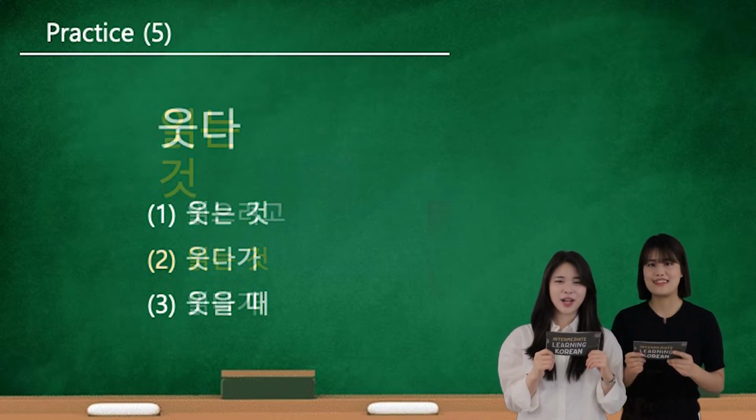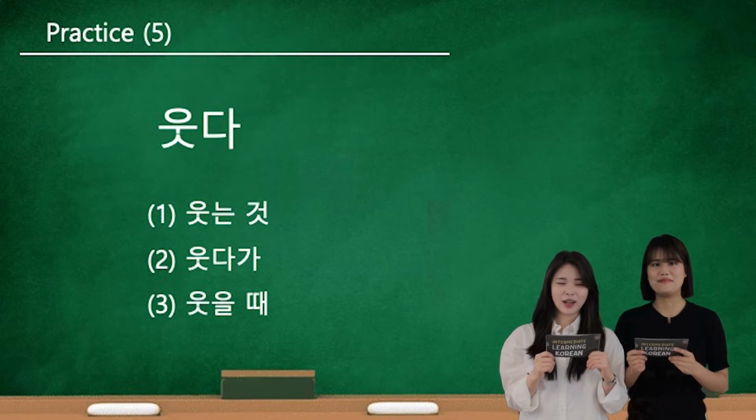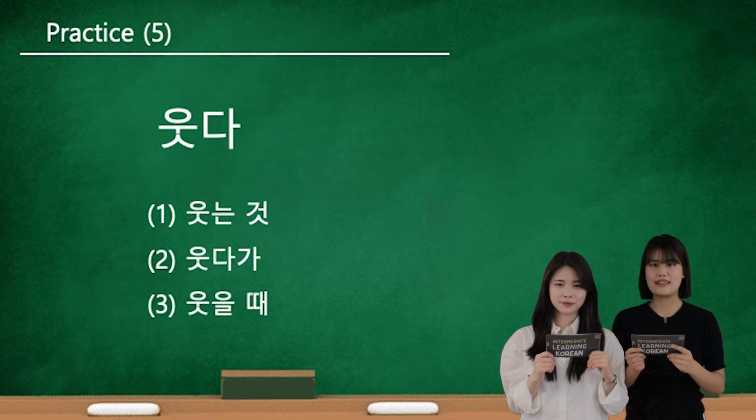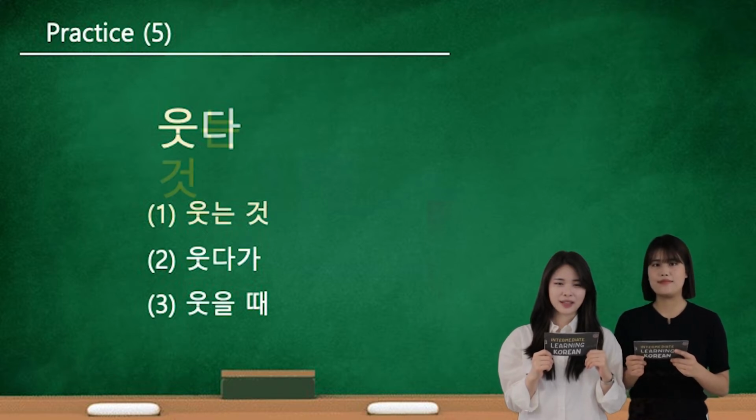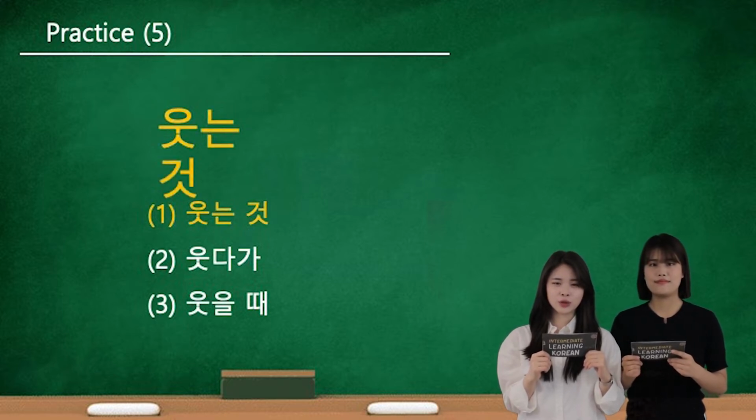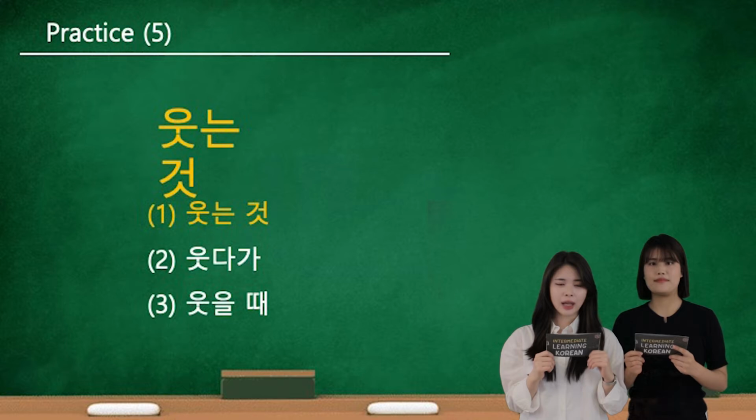Next problem, 웃다. What should we change 웃다 to? Yes, correct. It is 웃는 것. When we remove 다 from the verb 웃다 and add 는 것, it becomes 웃는 것.